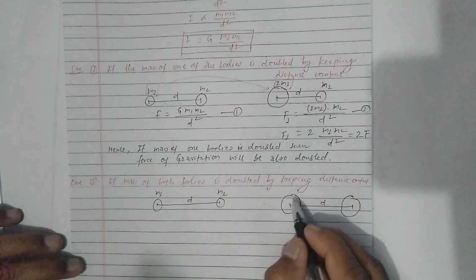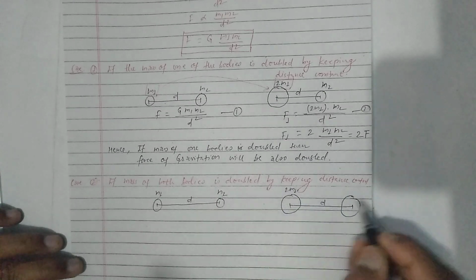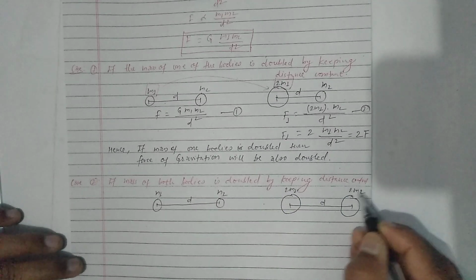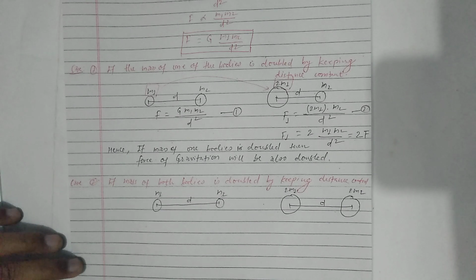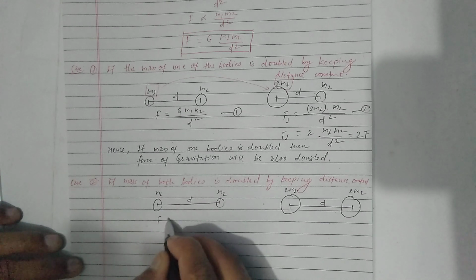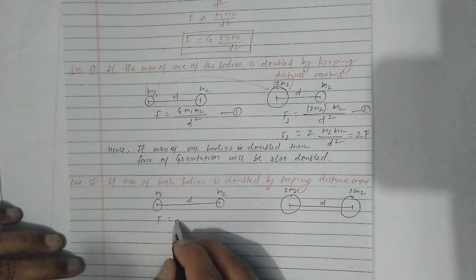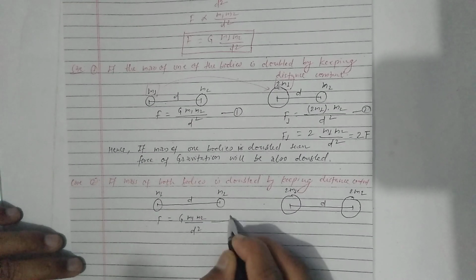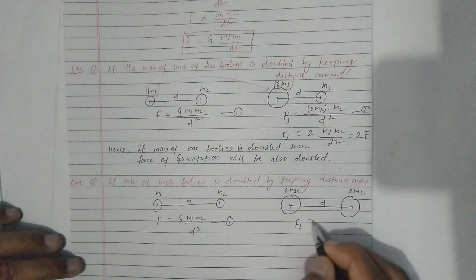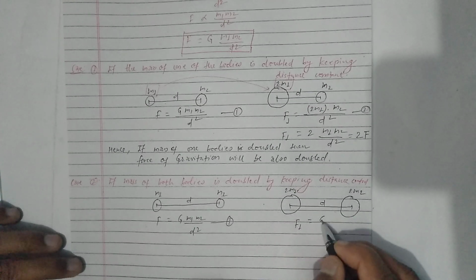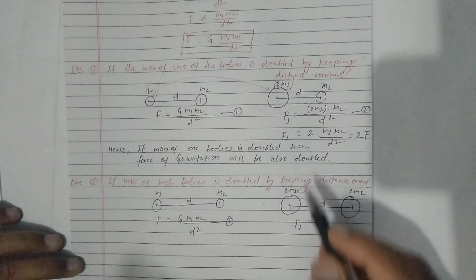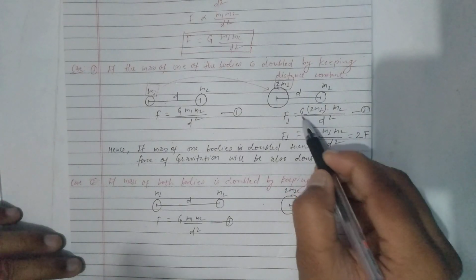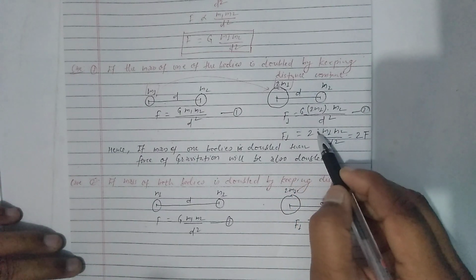So if this is m1, this will be 2m1, this is 2m2, and the distance is the same. So in the first case you can write the force of attraction between these two bodies equal to g m1 m2 upon d square. This is equation number 1. And for this, F1 equals g, we have to write here g also.